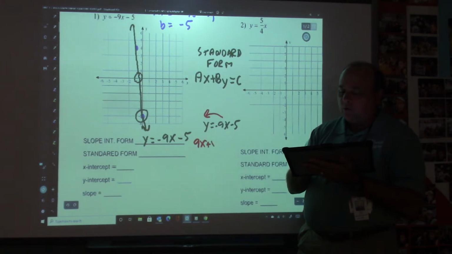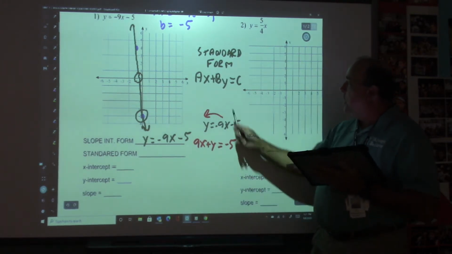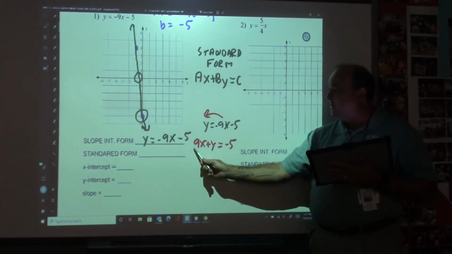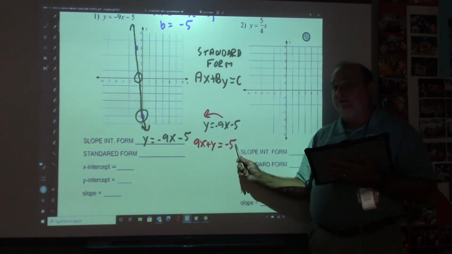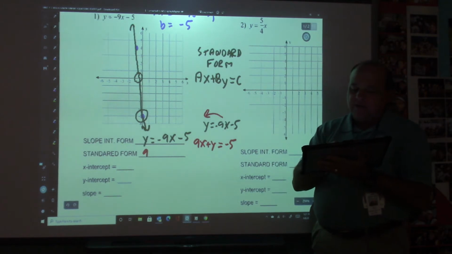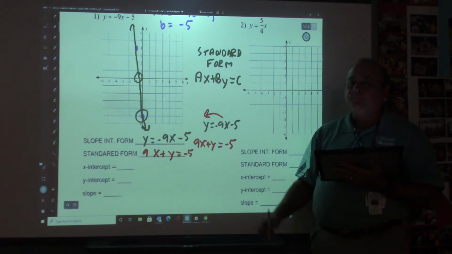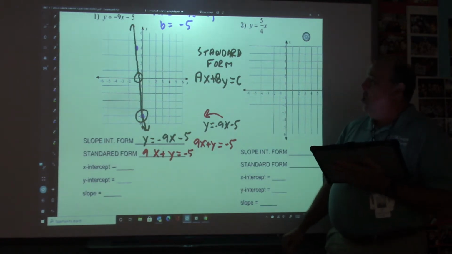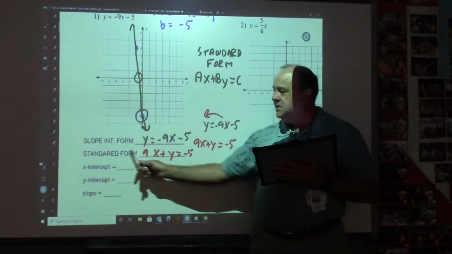So notice it matches this up, right? My x is first, my y is in the middle, my constant's on the right. So let's write this down. 9x plus y equals -5.